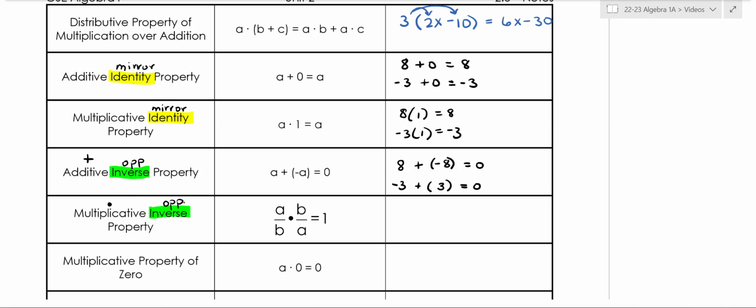The multiplicative inverse is the one that when we multiply, we get 1. This one is also known as the reciprocal.